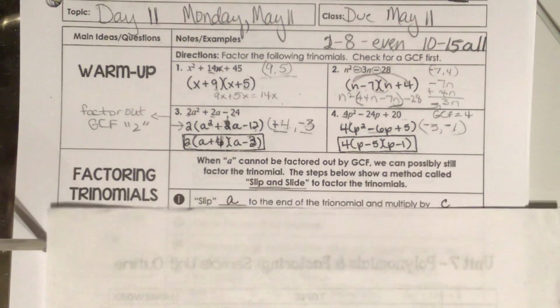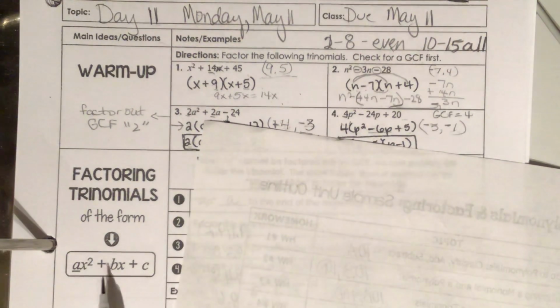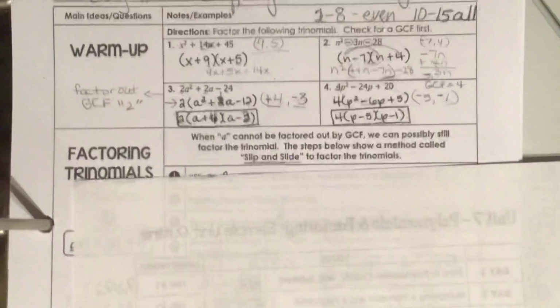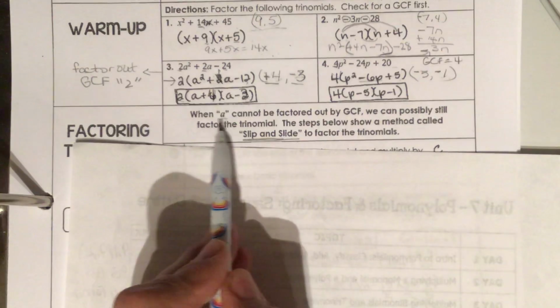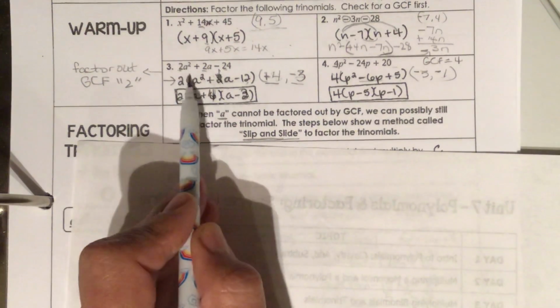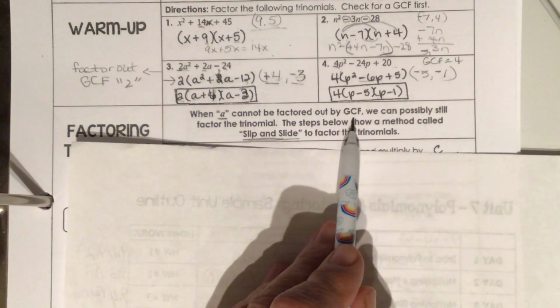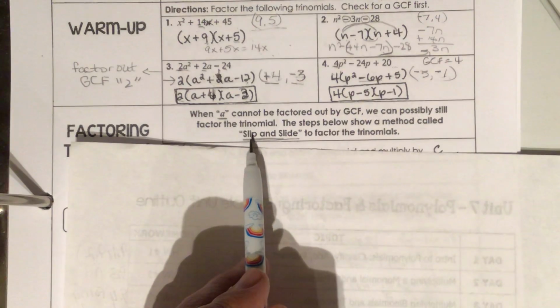So now you're going to be factoring trinomials in the form of ax squared plus bx plus c when there's not a GCF. Like in number 3 and 4, we had a GCF that we could factor out. So let's see what you're going to do here. When a, this is your a term, cannot be factored out by the GCF, we can possibly still factor the trinomial.